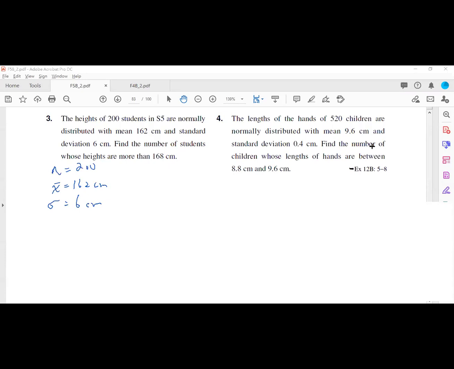Okay, more than 168, which means that I need to find the percentage of the students, the percentage of the data which is larger than 168 first. I find this percentage first, and then at the end I just multiply by 200. Then that will be the actual number of students which is taller than 168. Okay, just find the percentage first.